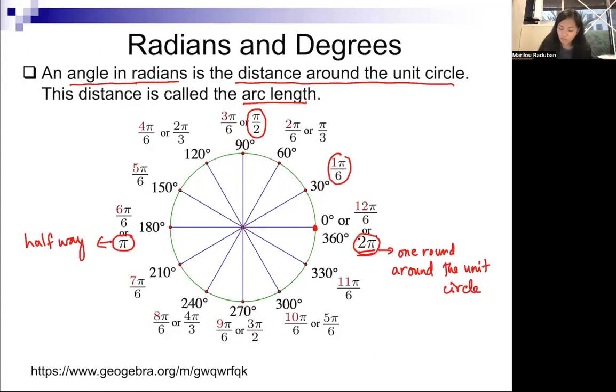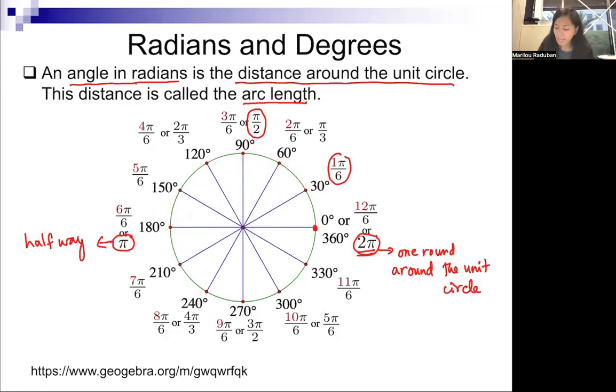If you divide half of the circle into 6 parts, then going from the origin to one part of that division will be pi over 6, because one half cycle is pi. If you divide 0 to pi into 6 equal parts, then one part will be pi over 6, 2 pi over 6, 3 pi over 6, and so forth.